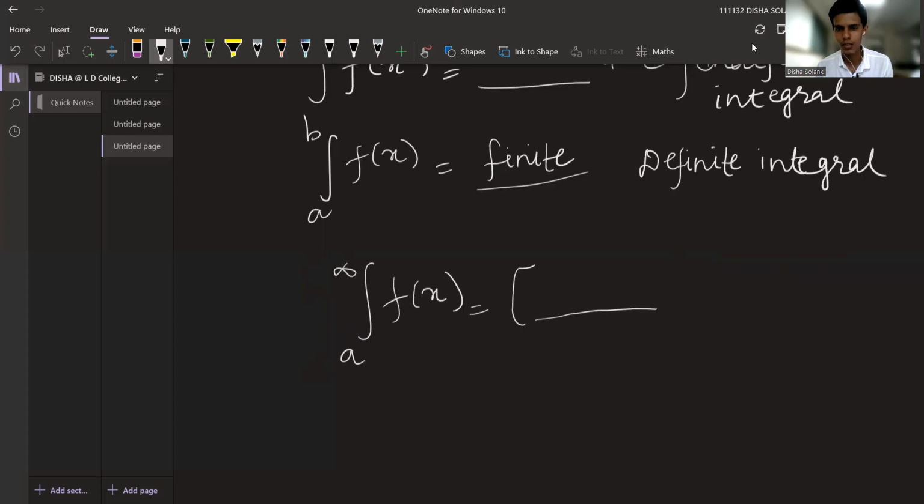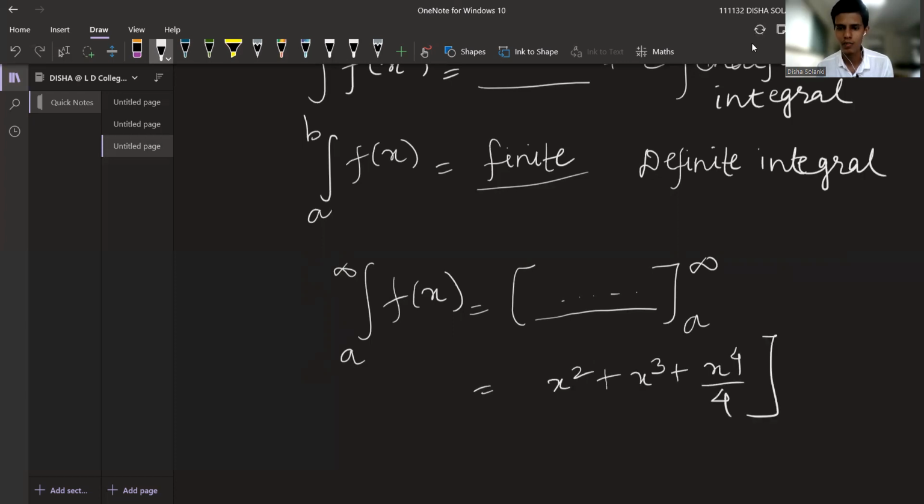Then we need to apply the limits, from a to infinity. Now if we put limits inside this answer, whatever it may be, let us say the answer would be x square plus x cube plus x raised to 4 by 3, just for an example.